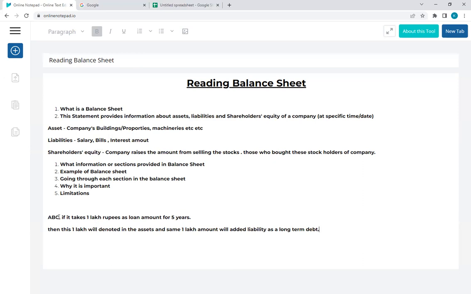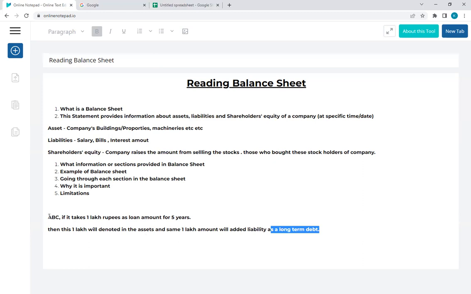So when a company takes a 1 lakh rupee loan for 5 years, this 1 lakh will come under assets, and the same amount will also be added as a liability as a long-term debt.